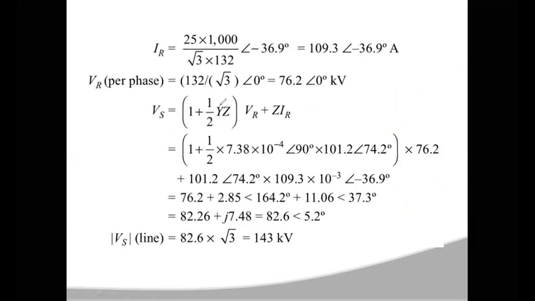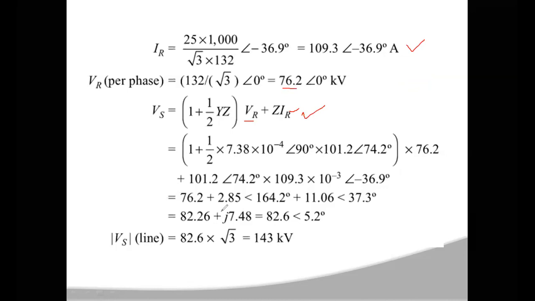Now here you know all the values. You know the Y value and the Z value, where Z is R plus jX. You know the R value as well as the X value, so you can calculate the Z value. VR value is 76.2, and Z into IR value you have also calculated. All the values are known here. Simply substitute all the values in this equation and you will get the sending end voltage.